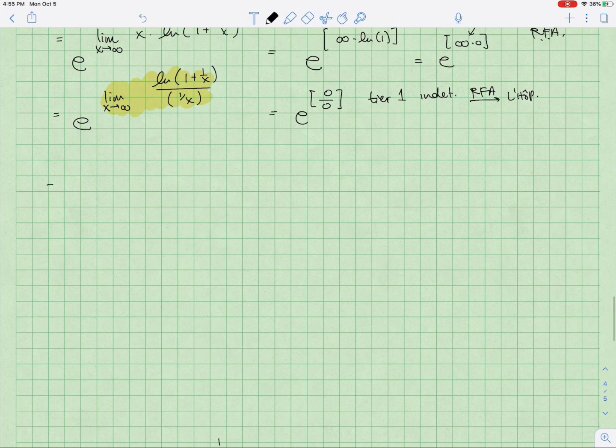So this is e, I'm using L'Hopital's rule now, to the limit as x approaches infinity, and we have, let's see, the derivative of the numerator is going to be 1 over the inside times the derivative of the inside over the derivative of the denominator, which is negative 1 over x squared.